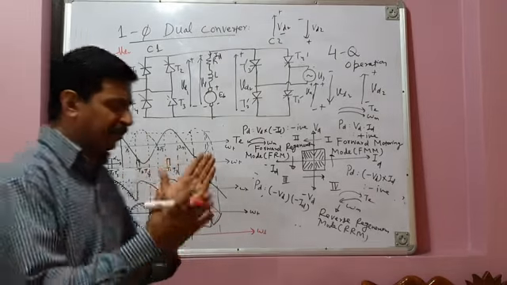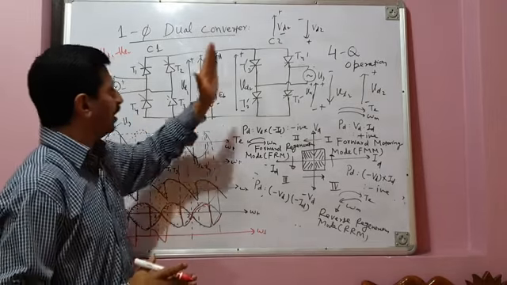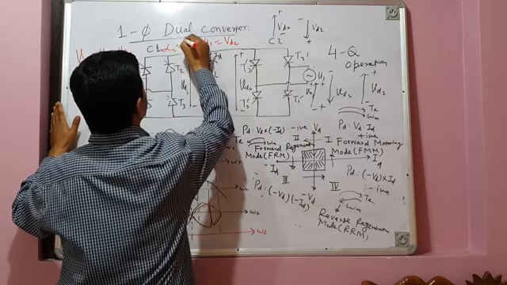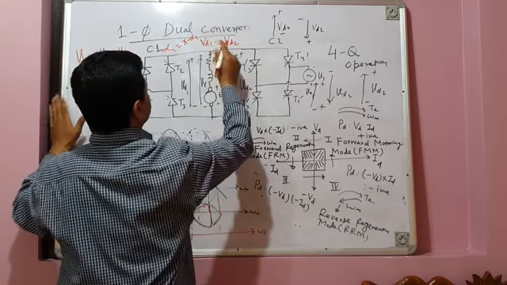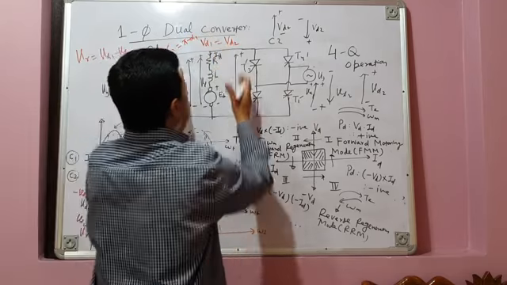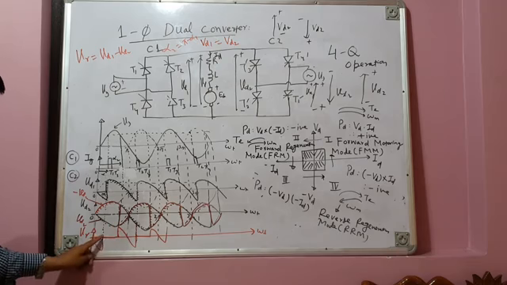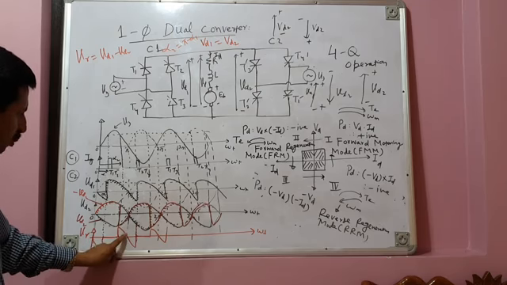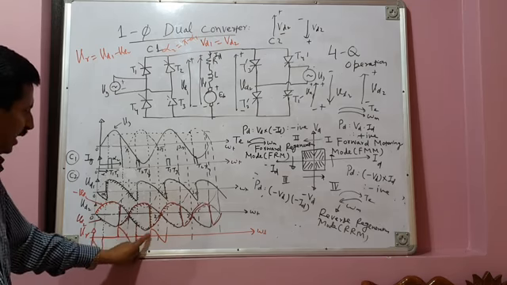So let me repeat, the average output voltages are the same. That means capital VD1 is equal to capital VD2 because alpha 2 is equal to pi minus alpha 1. So average output voltages are the same, but instantaneous values of voltages are not equal. So for some time, the difference of the instantaneous values is 0, and if you subtract them, it becomes a small positive voltage, small negative voltage, then again small positive.